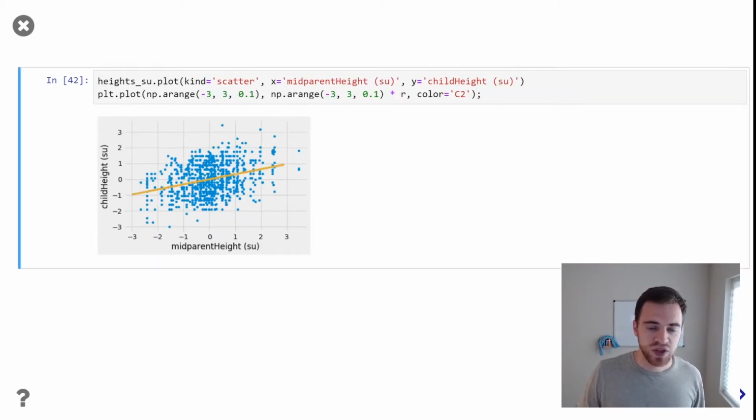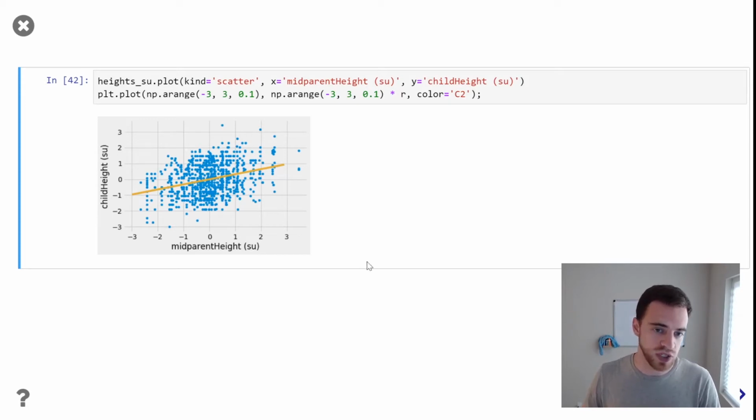Okay, so the slope of this line here, to recap, I've converted all of my data to standard units, as you'll notice here on the axes. I've plotted this line, not by doing the average of the neighbors kind of thing. I've plotted a straight line with slope equal to the correlation coefficient. And the intercept is determined because this line is going to go through the point 0, 0.